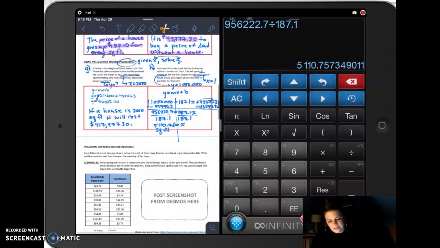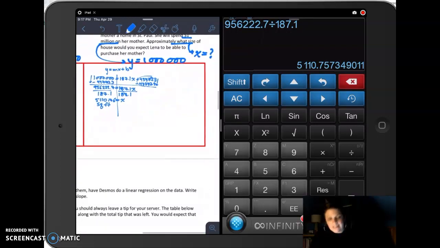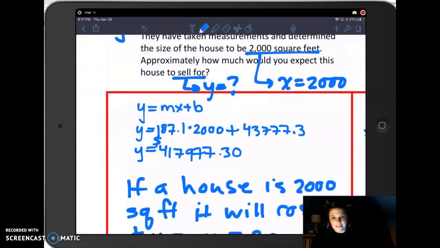And so let's write a little sentence about Lena here. All right, let's write our sentence.